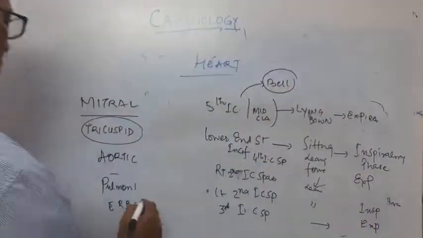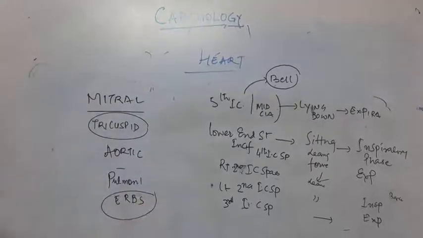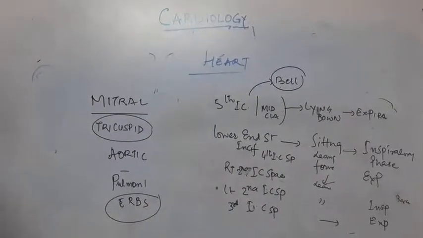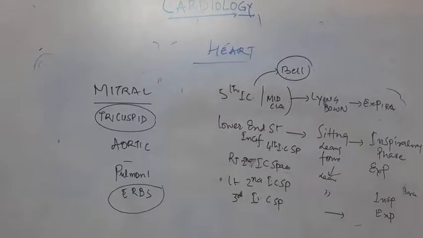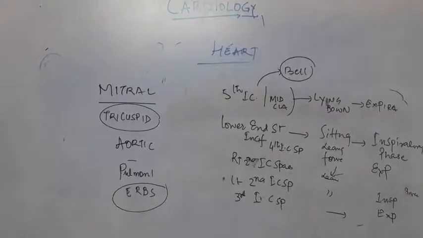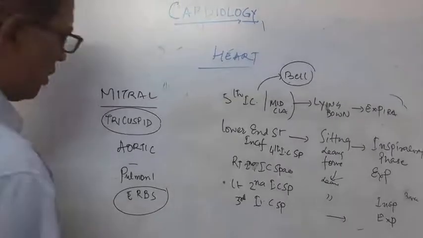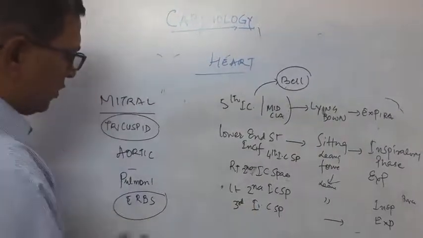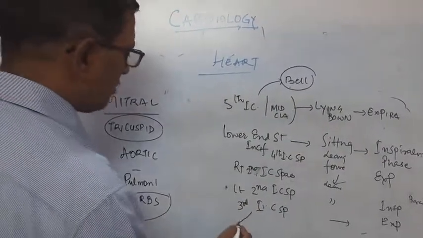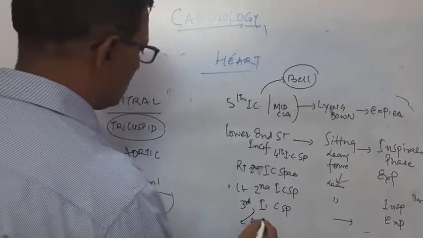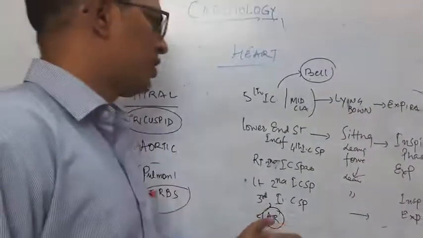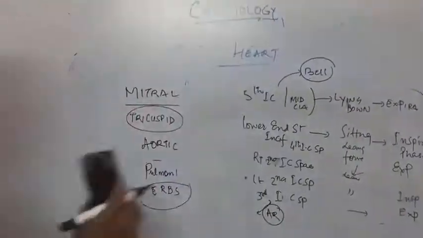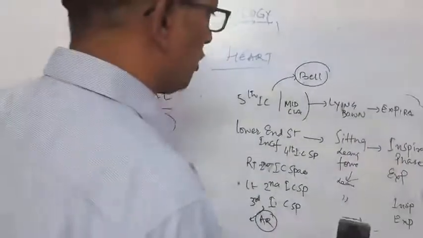So what is the importance of Erb's point? In cases of aortic regurgitation, aortic incompetence, the sound is heard best here. So this is again an important question in terms of Erb's point, with which disease and how you do it. So this was about the points where you need to auscultate.